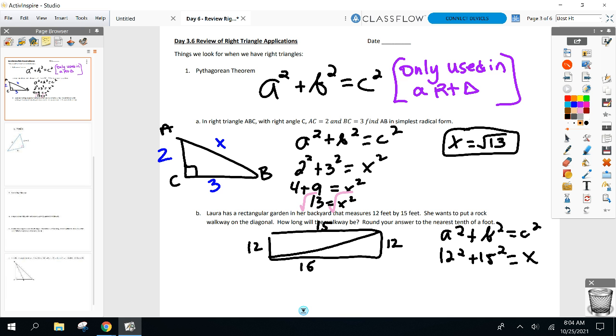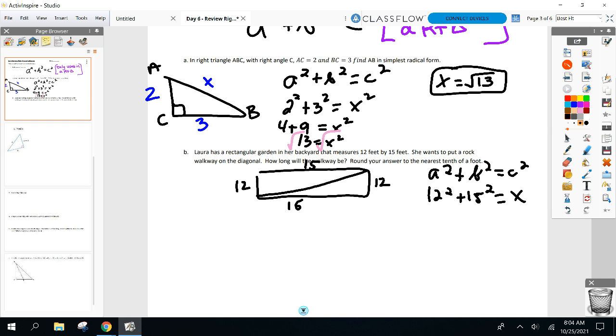Okay, there we go. 12 and 15 can be switched if you want, but that's fine right there. 12 squared plus 15 squared equals x squared. 144 plus 225 equals x squared, and I get 369 here for x squared.